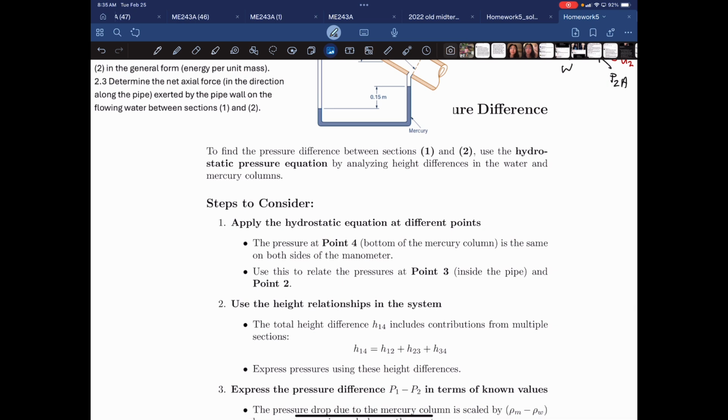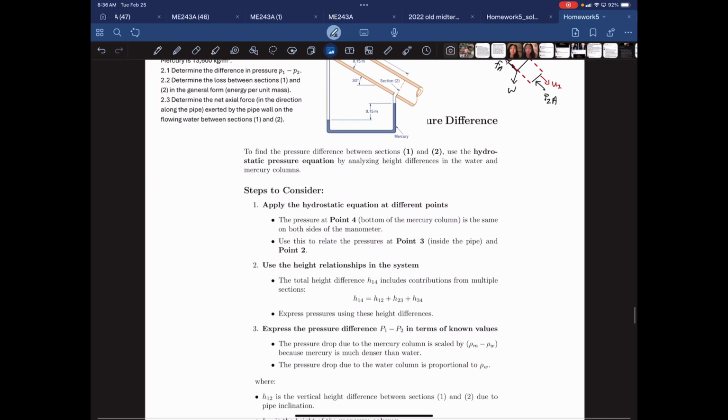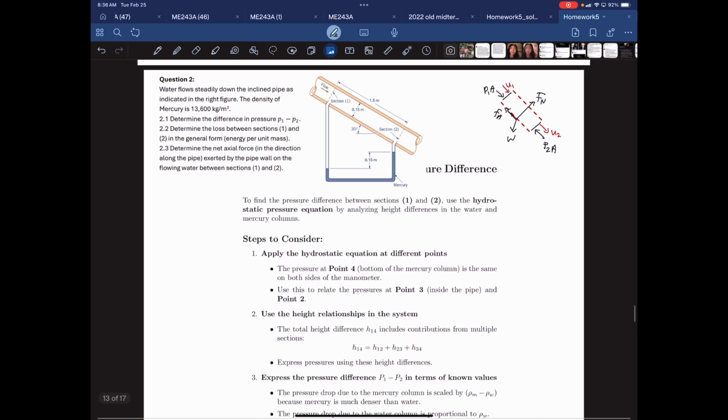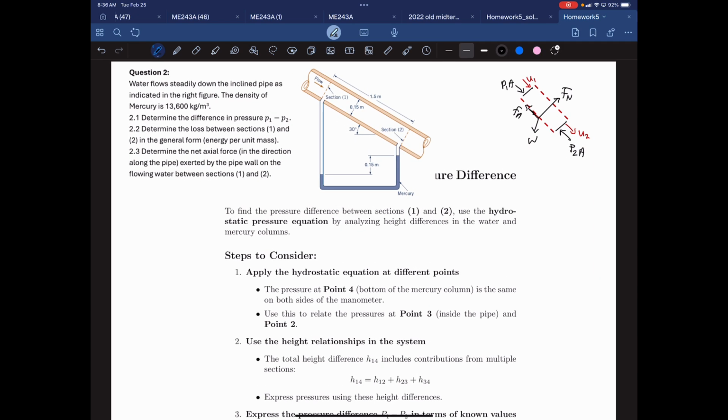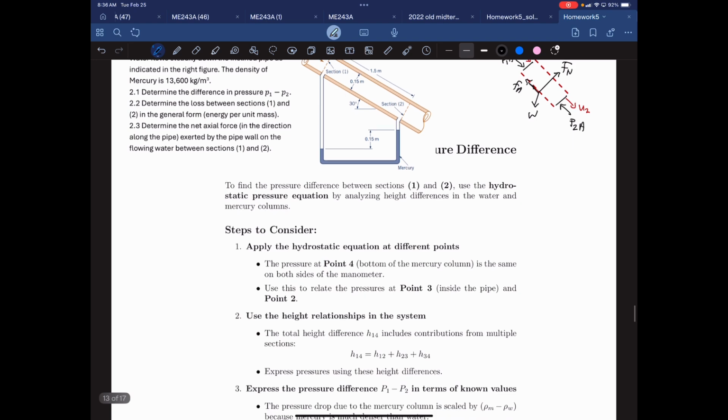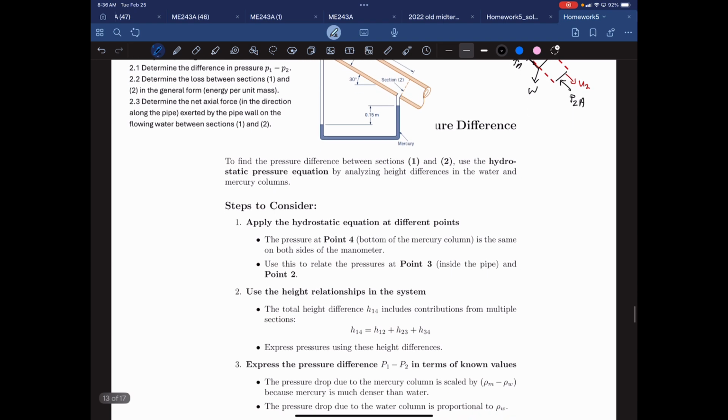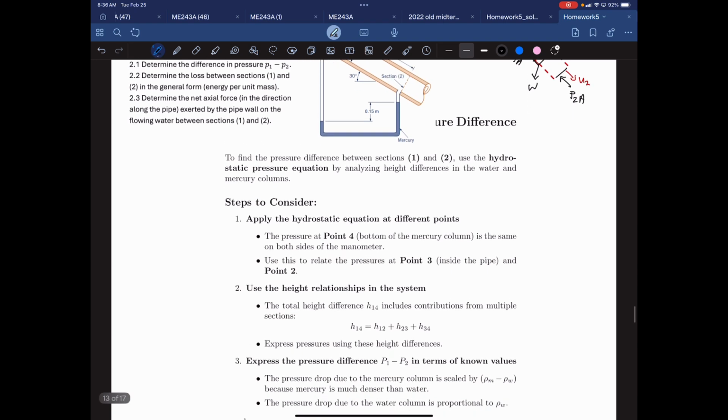To find the pressure difference between sections 1 and 2, we have to use the hydrostatic pressure equation by analyzing the height differences in water and mercury columns. The pressure at point 4 is the bottom of the mercury column, and it's the same on both sides of the manometer, which we can use to relate the pressures at point 3 inside the pipe and point 2.